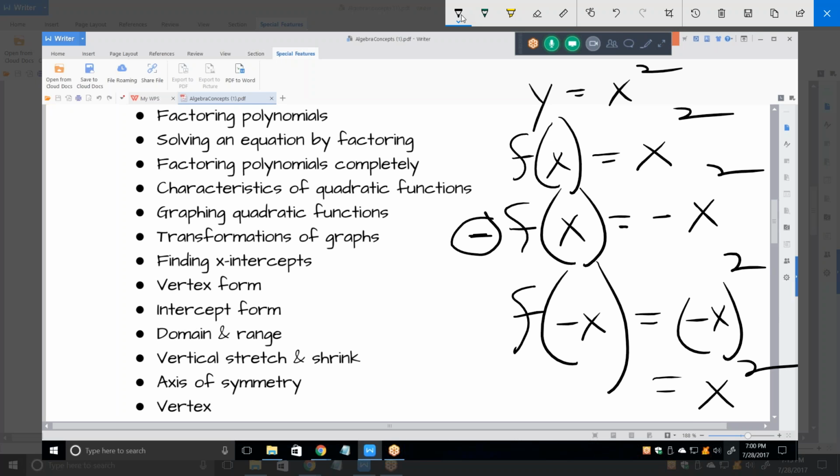But a vertical reflection is different. A vertical reflection reflects over the x-axis, whereas a horizontal reflection reflects over the y-axis. With me? Okay.